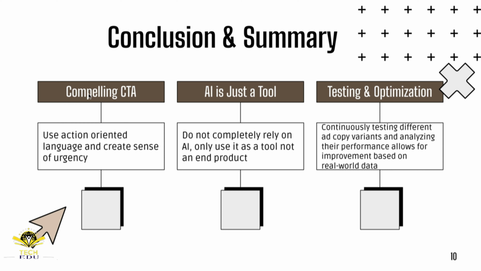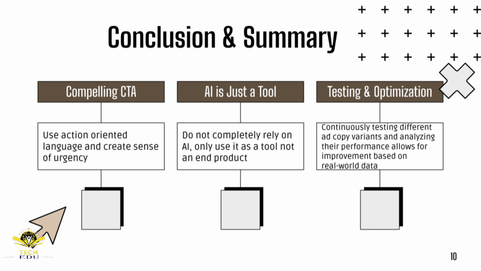So the first point that I want to emphasize here is CTA, right? So compelling CTA, compelling calls to action. You need to always remember that to make a compelling CTA, you need to use action-oriented language and create a sense of urgency. I want to highlight two major things here.